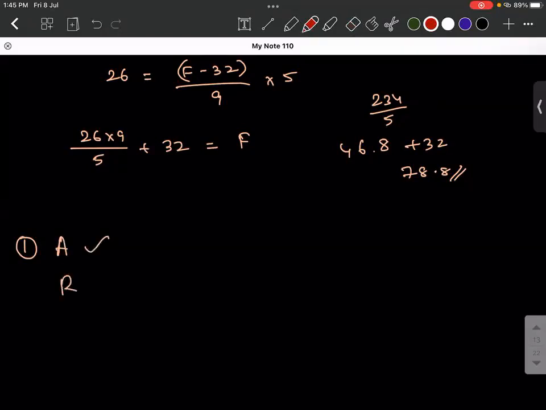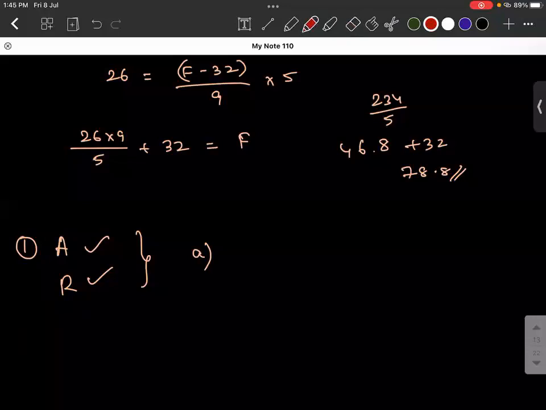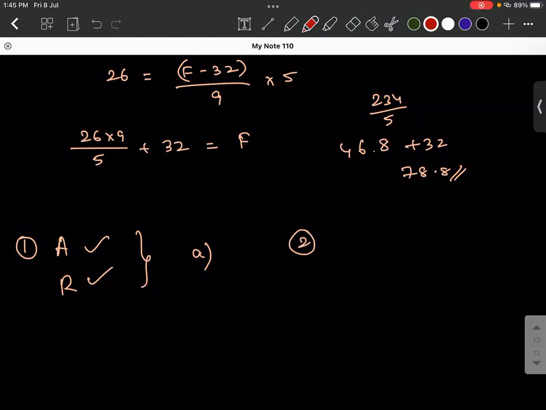What about the reason? For all values of k, (minus 3 by 2, k) is a solution of the linear equation in two variables has infinitely many solutions. There are infinite number of lines which pass through because a linear equation has two variables. That's right. For all values of k, (minus 3 by 2, k) is a solution of the linear equation 2x plus 3 is equal to 0.